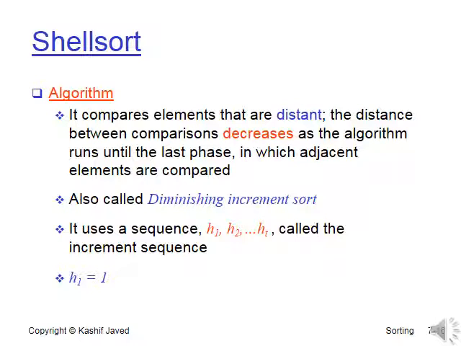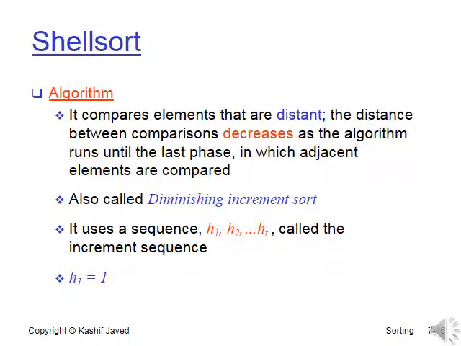The basic idea here is that instead of sorting all the elements at once, sort a small set, for example, every fifth element in the array. You apply insertion sort. Then every third element in the array, you apply insertion sort, and so on.